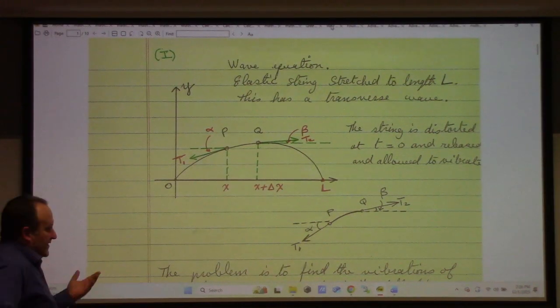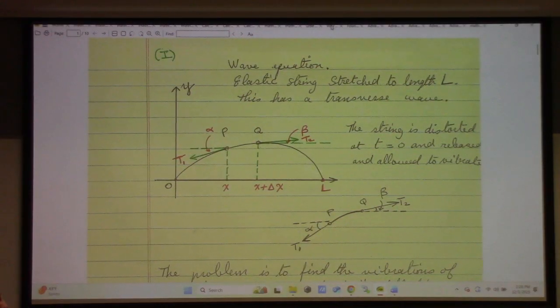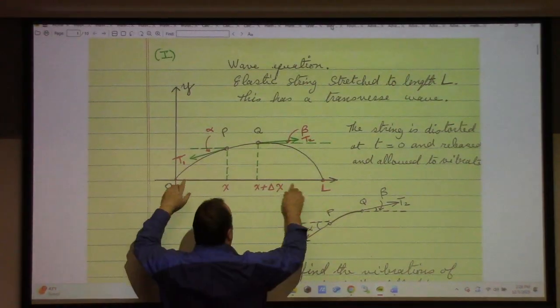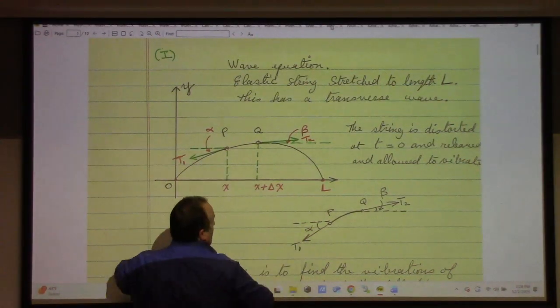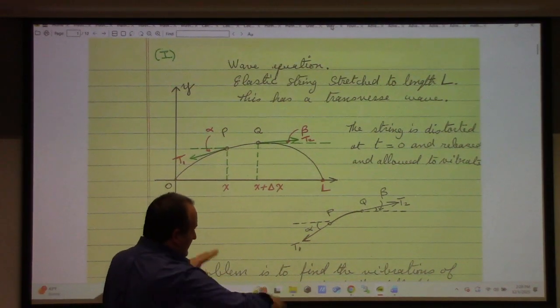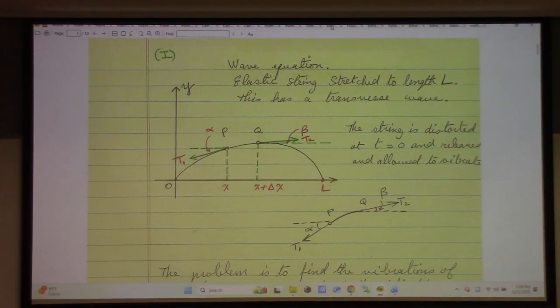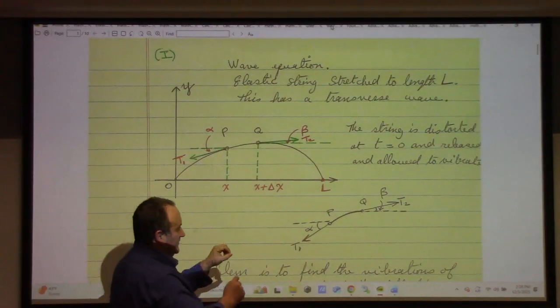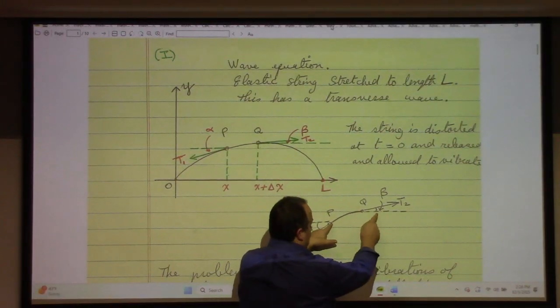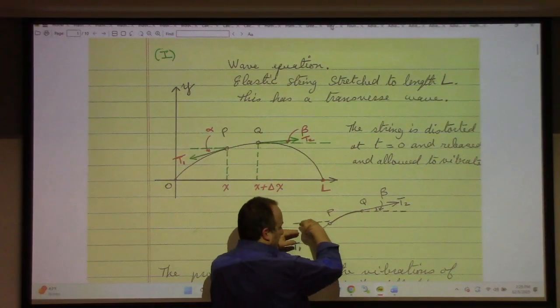This is just a derivation of the wave equation. Very simple. He looks at the string, which is stretched between 0 and L, and here's a schematic picture of it. As he says, the string is distorted at time 0 and released and allowed to vibrate. He analyzes the forces on two close by points on the string, which he's called P and Q. This is deflected angle beta off the horizontal, and this is angle alpha off the horizontal.